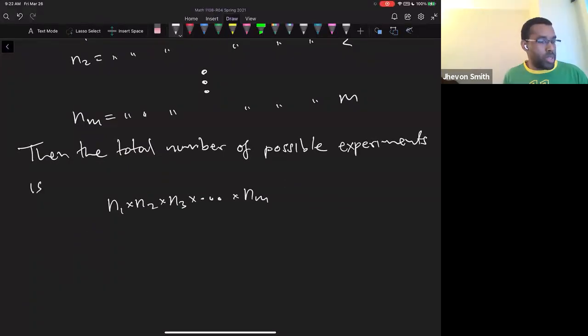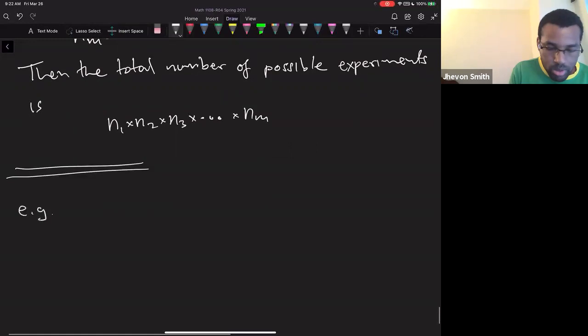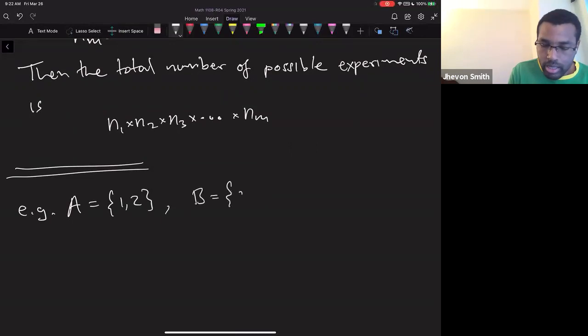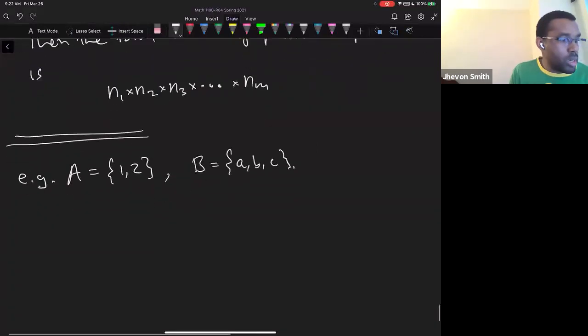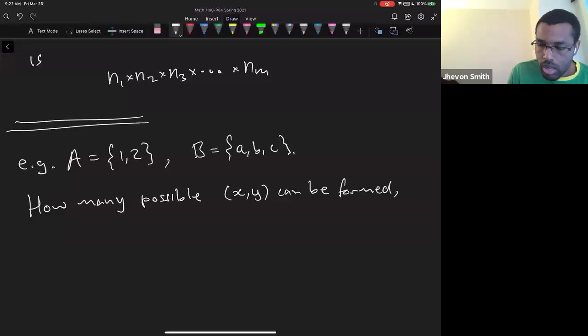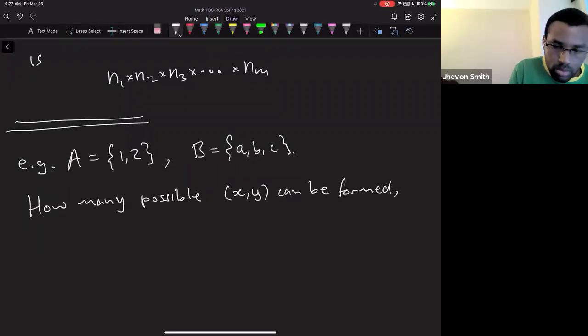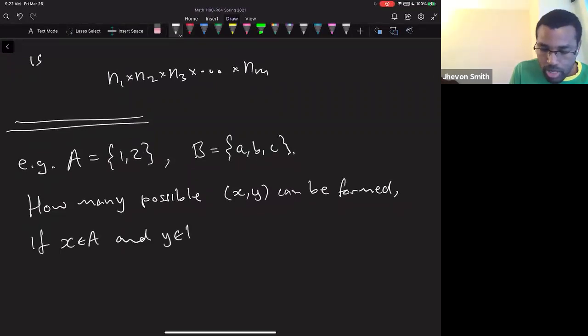Let me do one quick example and then I'll let you go, and we'll learn to count more efficiently some other time. Example. A is the set {1, 2}. B is the set {a, b, c}. How many possible pairs (x, y) can be formed if your x comes from the set A and your y comes from the set B?